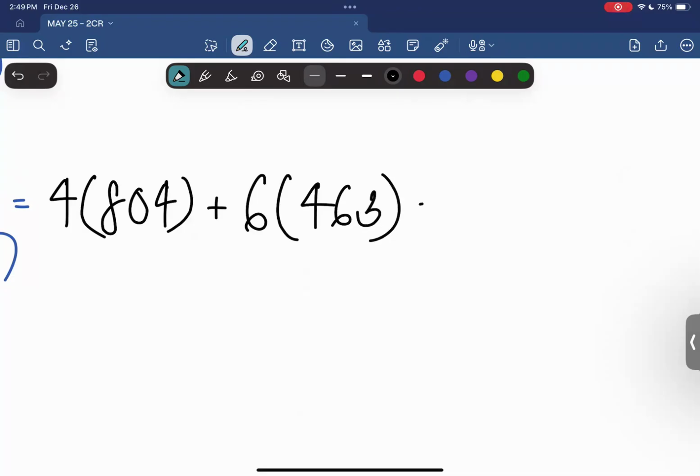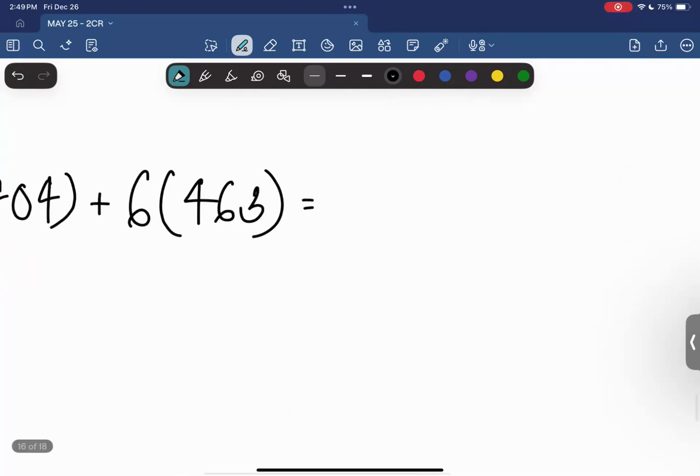So this is 4 times 804 plus 6 times 463, coming as 5994.